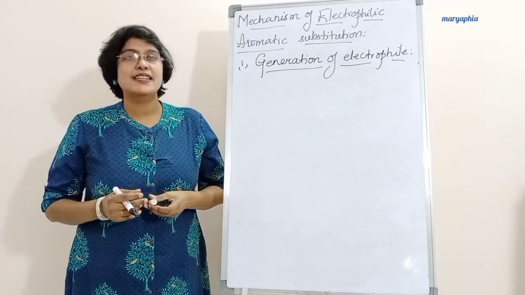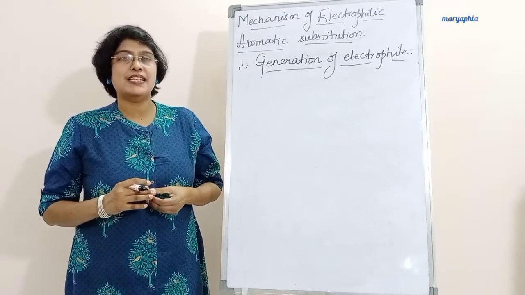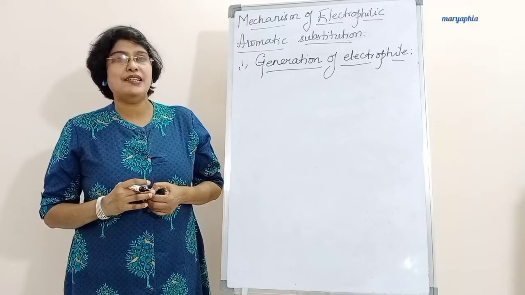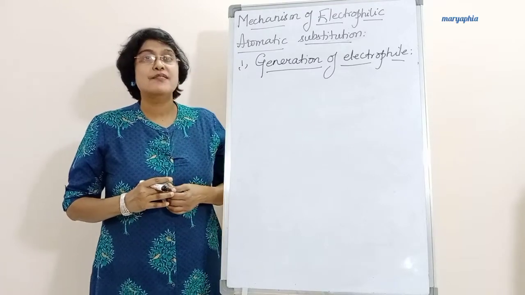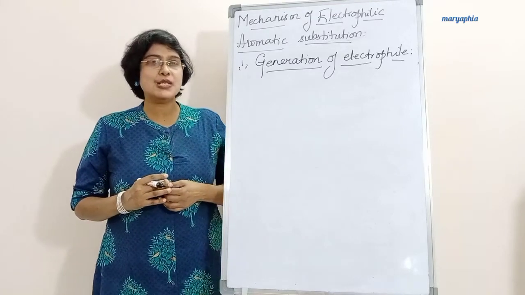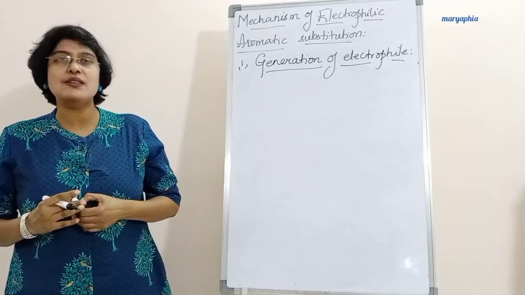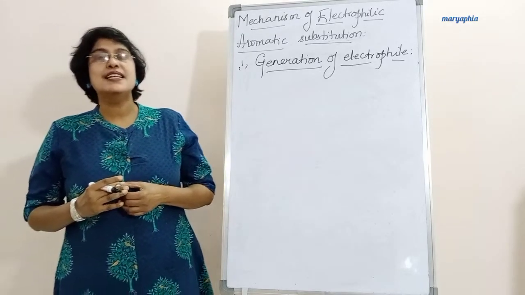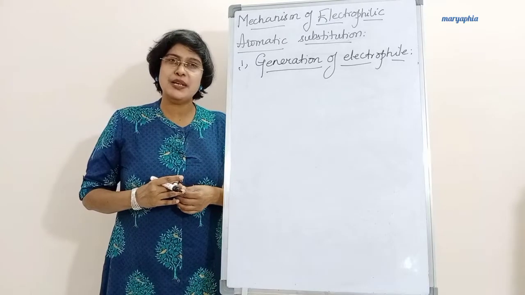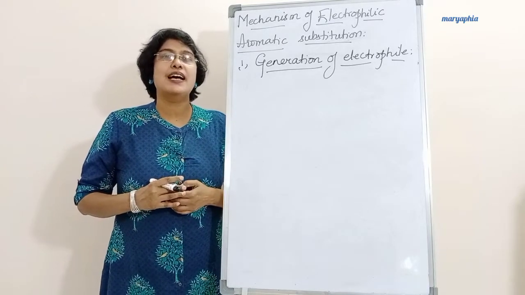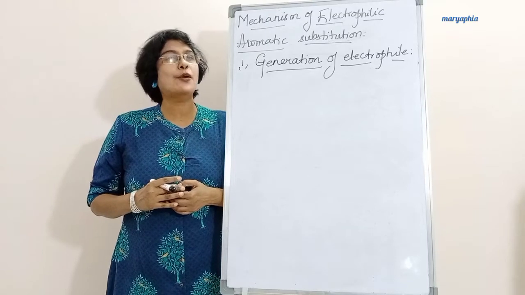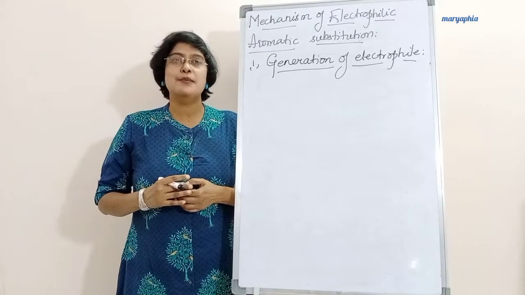Students, electrophilic aromatic substitution generally involves 3 steps. First is generation of the electrophile. Second is formation of the intermediate, that is the carbonium ion, and third is formation of the final product.